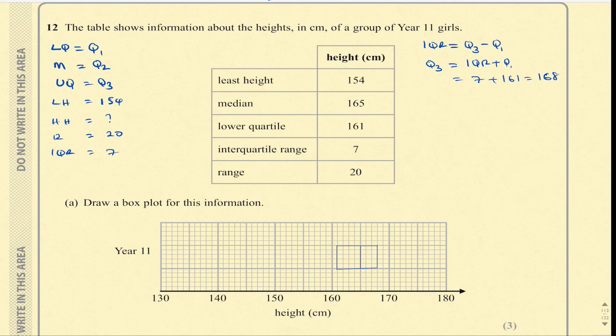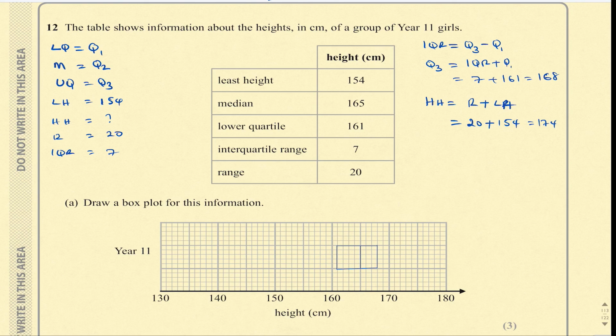Right, and then I need to draw my range. So the highest height, H, will be equal to range plus lowest height. So that will be 20 plus 154. So that will be 174.